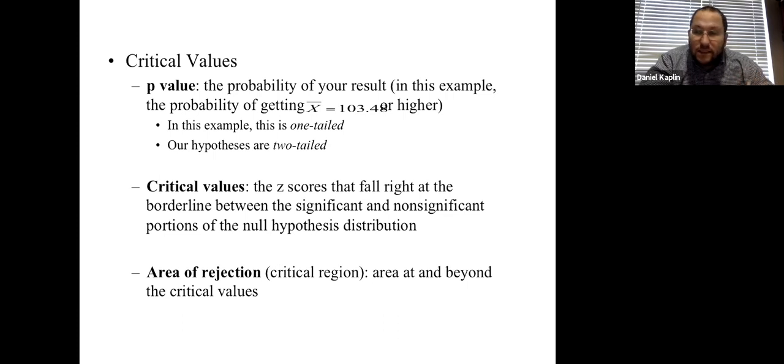So if our z-score is 1.96 or higher, we're going to reject the null. If it's less than 1.96 positive or negative, we're going to accept the null. So these are what we call critical value, the threshold. And anything beyond the critical value is what we call the area of rejection.